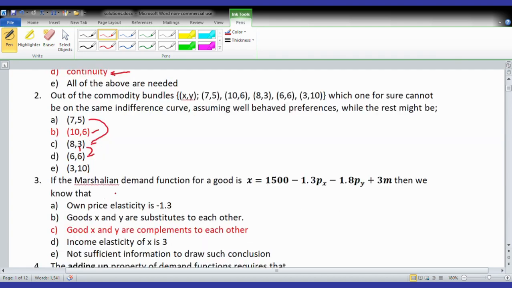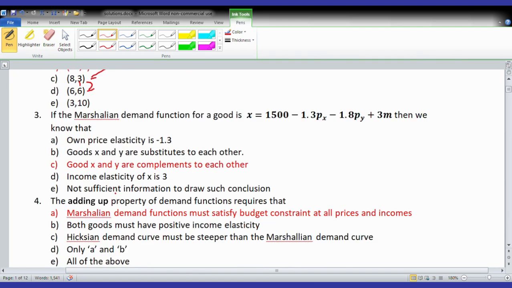Then the third question is that if the Marshallian demand function for a good X is like 15 minus 1.3 px minus 1.8 py plus 3m, then we know that on price elasticity, this is not correct, because the elasticity formula requires ∂x/∂p times p/x.